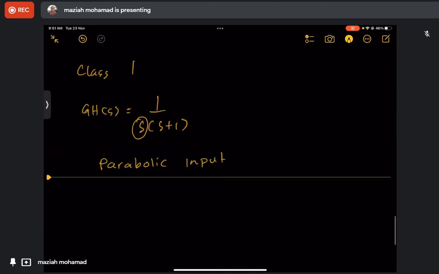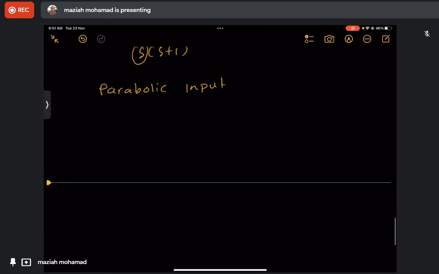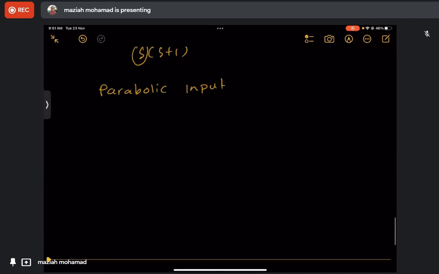I'm just going to show the first part only. The steady state error is 1 over Ka, where 1 over Ka is 1 over limit s goes to 0, s square multiplied with GHS.